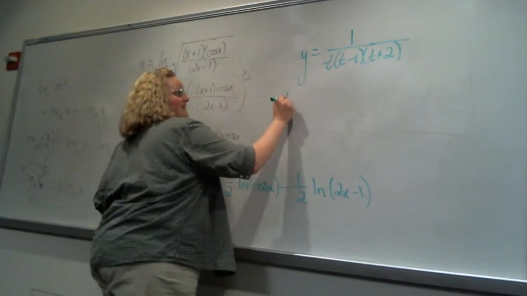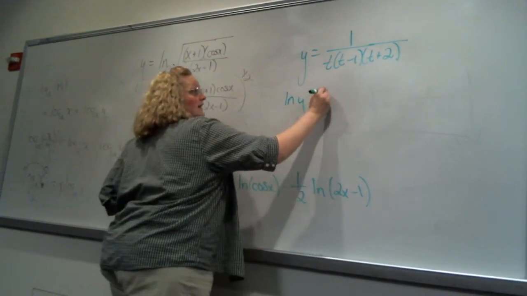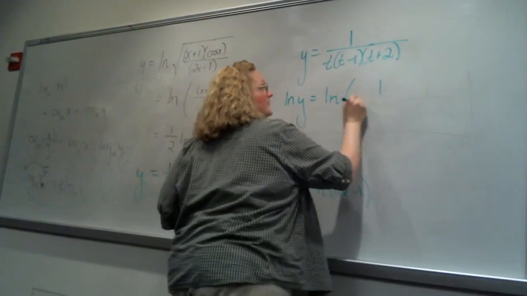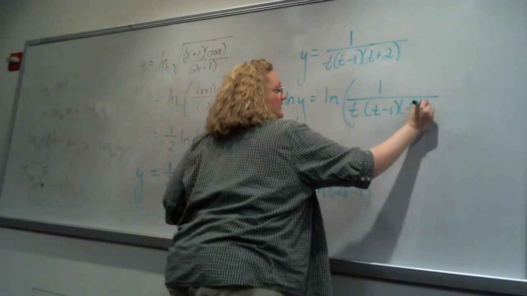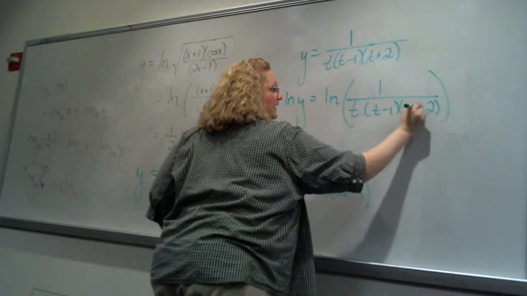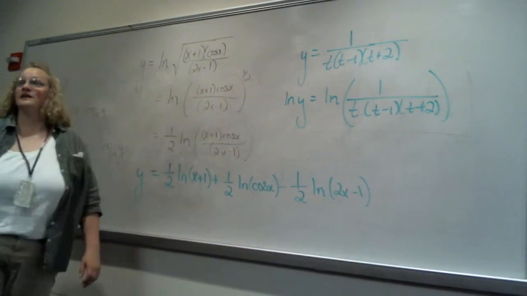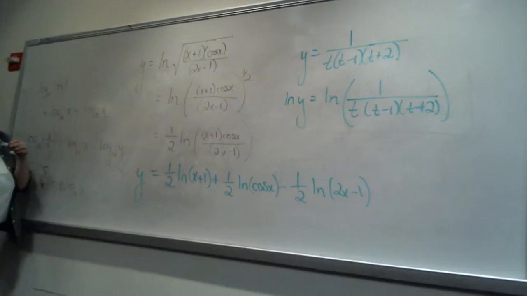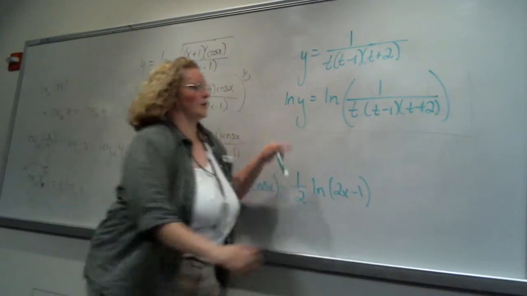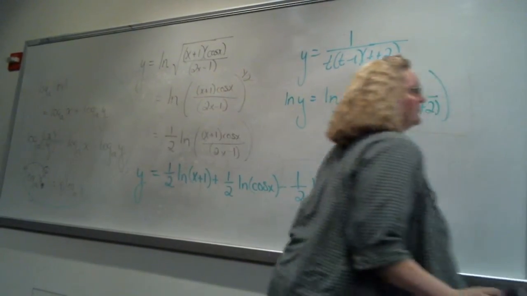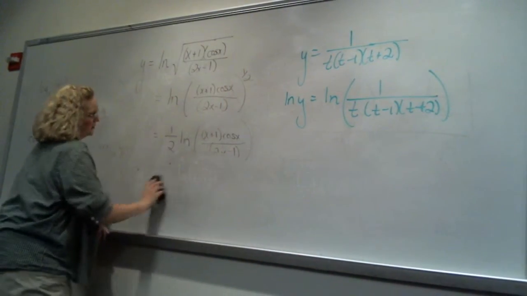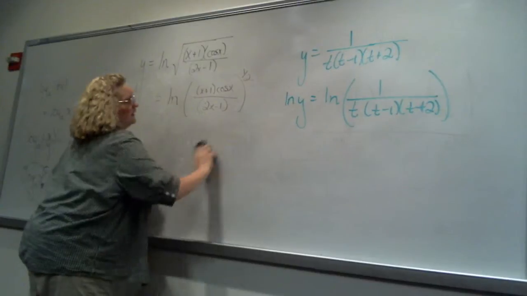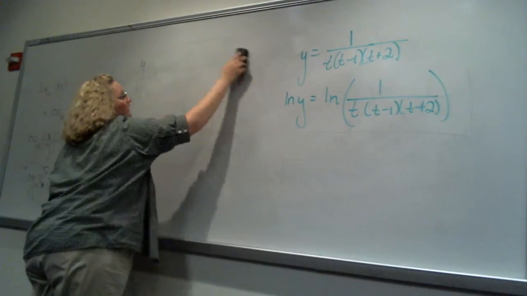So I'm going to take the natural log of y and the natural log of this. They're the same thing, okay? Only now, in order to do the derivative, you actually have to do it how? Because where's your y at?